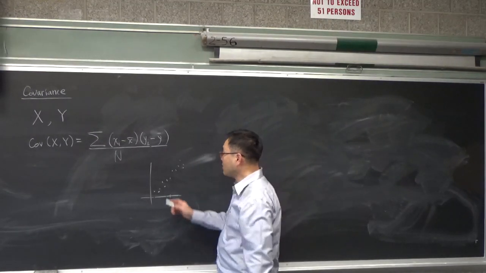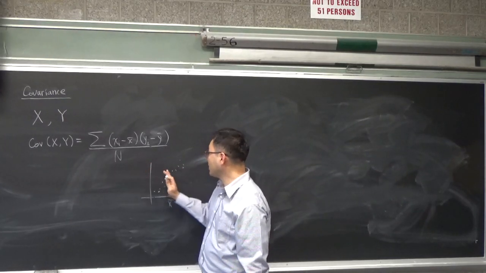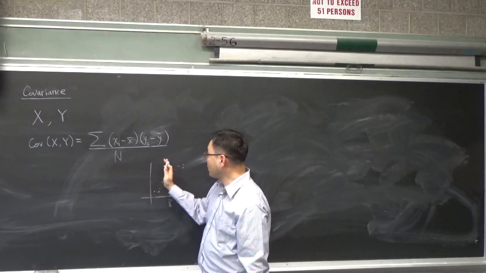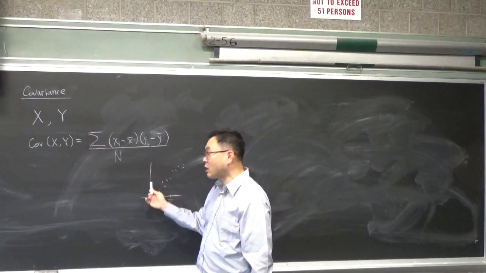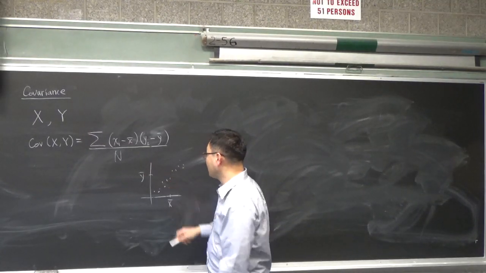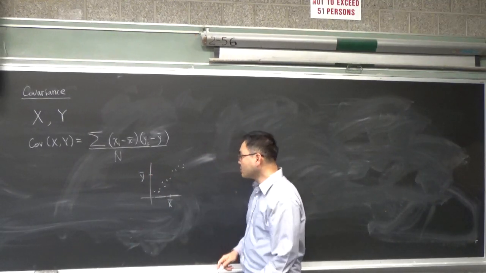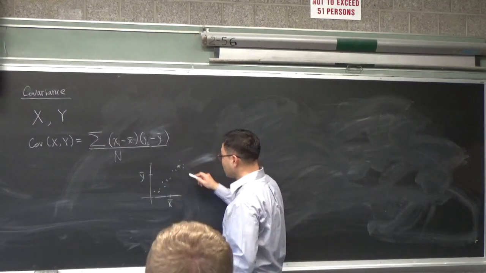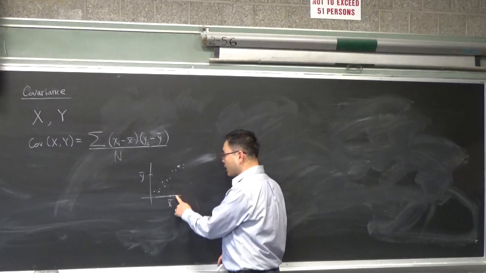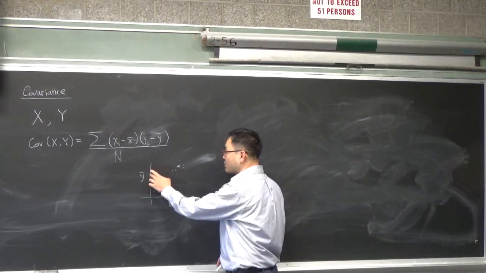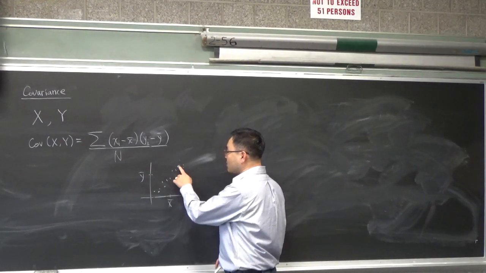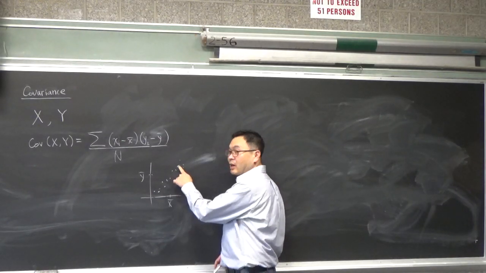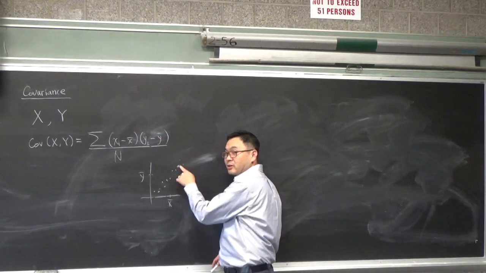And do the same thing if the y values are projected and you take the average of the y values, y bar would be somewhere here. And for each of these paired data, you compute xi minus x bar and yi minus y bar, and you see that things here are both above the average in terms of x and y, right?